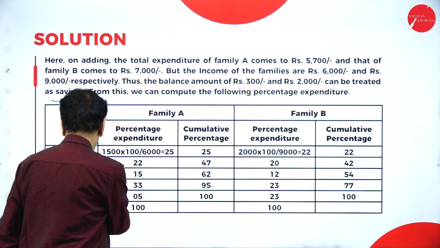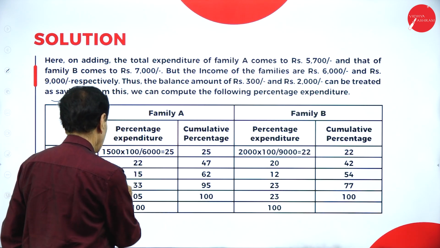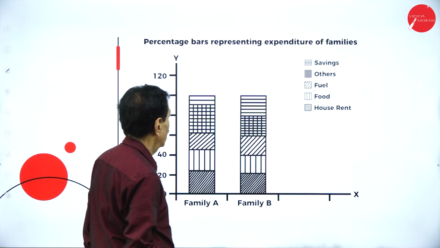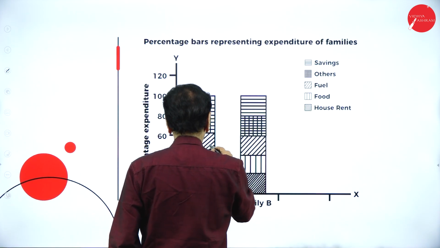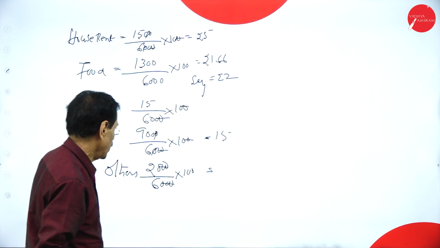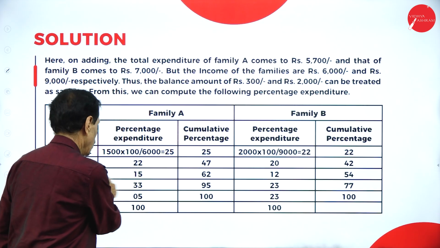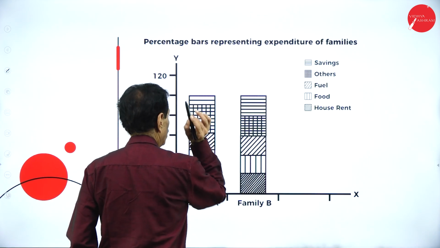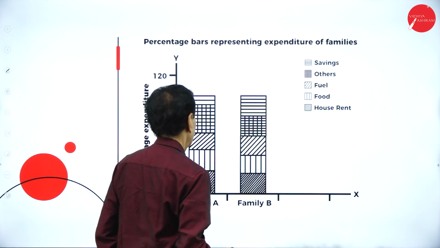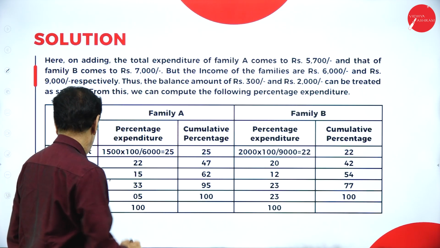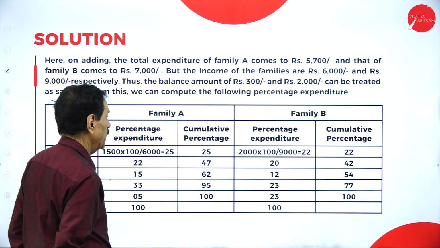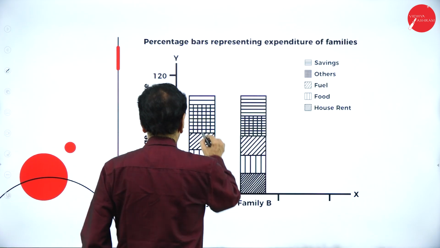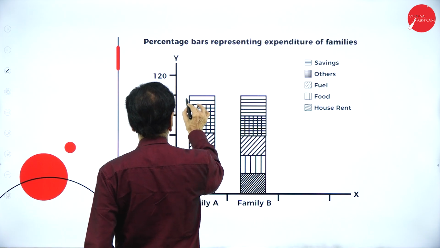Next is food, then fuel. Your fuel works out to 62. Fuel, then others: 95.